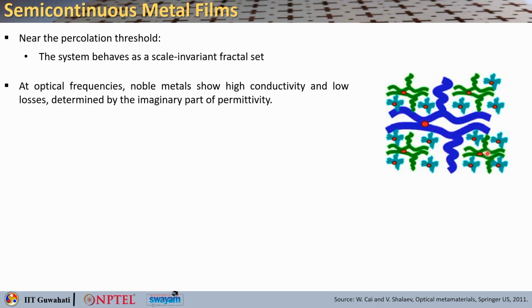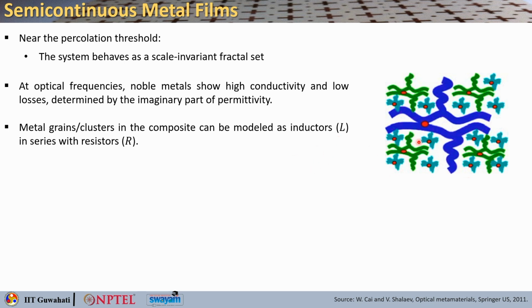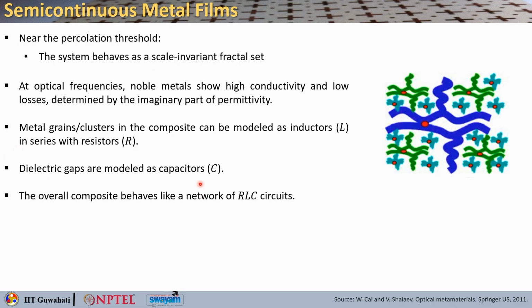So at optical frequencies, noble metals show high conductivity and low losses that you can determine from the negative part of the permittivity, right. So when you look into this particular structure, you can see that there are grains and clusters in this semi-continuous metallic film that you can model as inductors in series with some resistances, and the gaps that you are seeing can be modeled as capacitors.